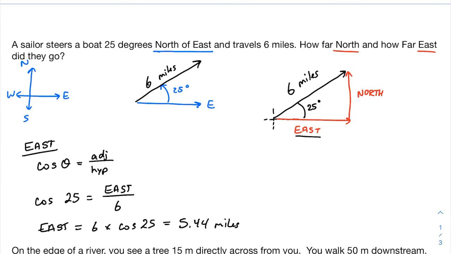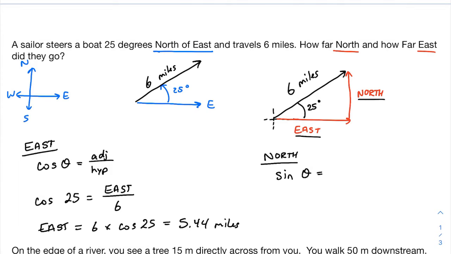So very similar process for the north. If we're thinking about the north portion of this journey, that is this upward portion, which is opposite the angle. And the trig function that is associated with the opposite side is sine. Again, I know that you can do this using the Pythagorean theorem at this point. I think a lot of you are well versed in your Pythagorean theorem skills, but maybe not so well versed in your SOHCAHTOA skills.